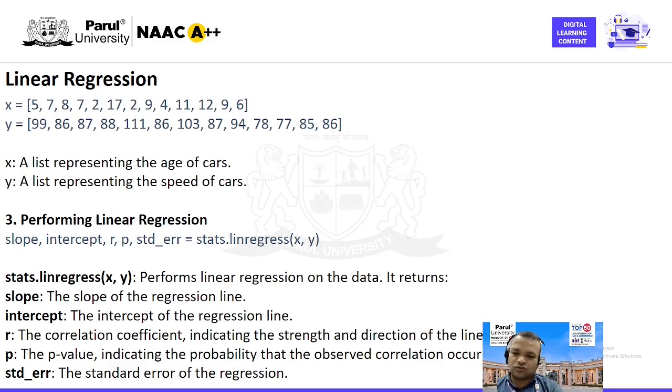The correlation coefficient, indicating the strength and direction of the linear relationship. And what is p? The p value indicates the probability that the observed correlation occurred by chance. And what is std_err? The standard error for the regression, whatever we found.